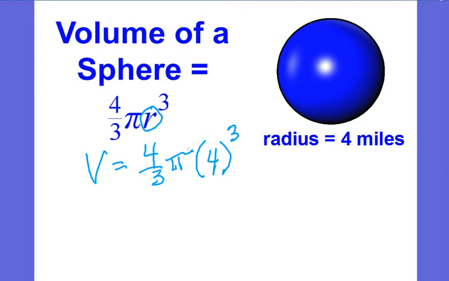In my calculator, this means 4 to the third power, 4 times 4 times 4, times pi, and to multiply by 4/3, I'm going to multiply by 4, then divide by 3. That's going to give me the same effect as multiplying by 4/3. So 4/3 pi times 4 to the third power.